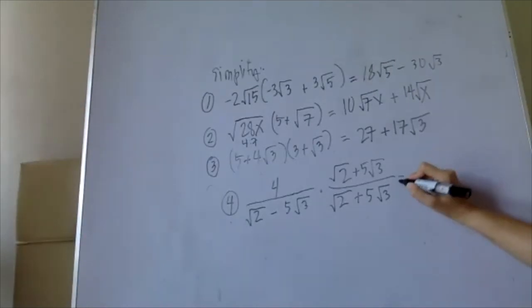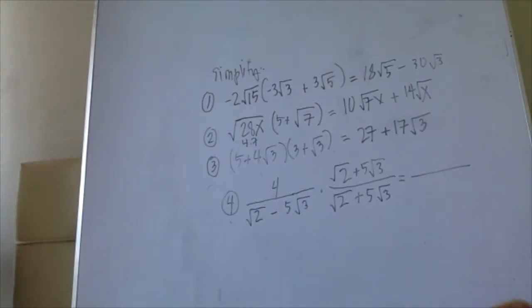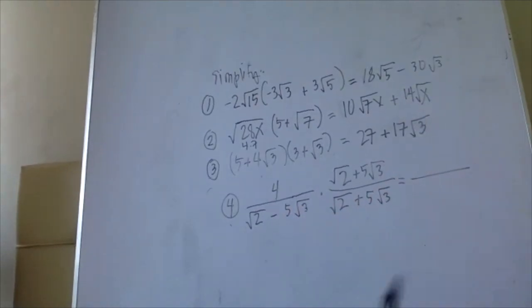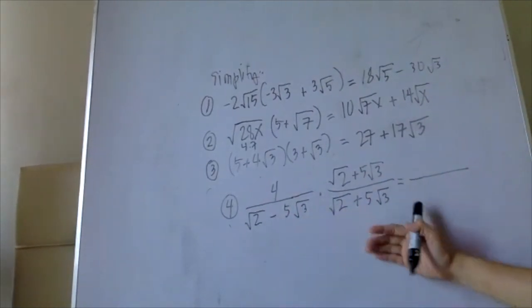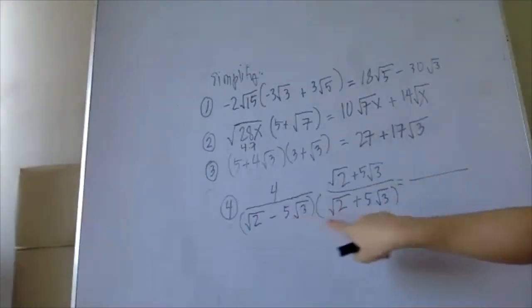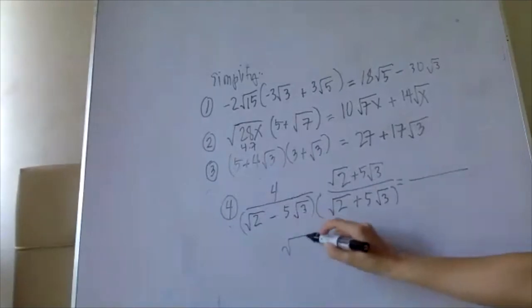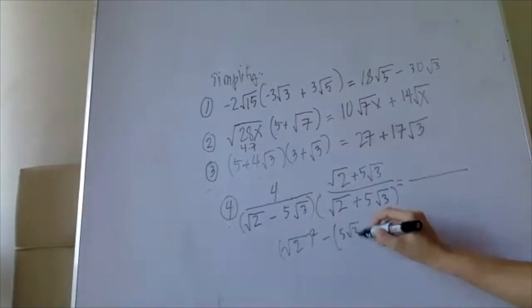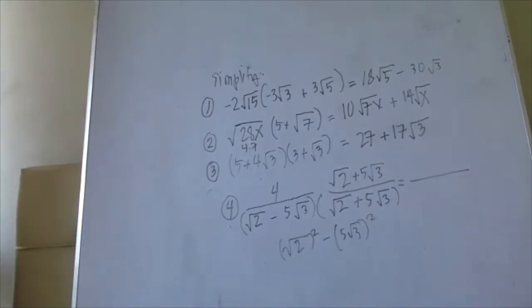Okay? Unahin muna natin yung nasa baba. Ano to? Parang difference of 2 squares lang, di ba? Factors siya ng difference of 2 squares, right? So, ang sagot dito would just be square root of 2 squared minus 5 square root of 3 squared, right?